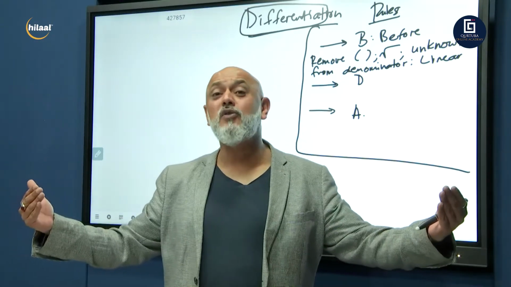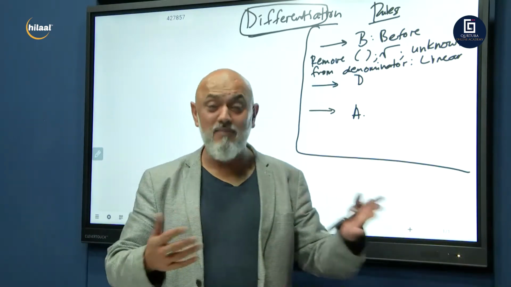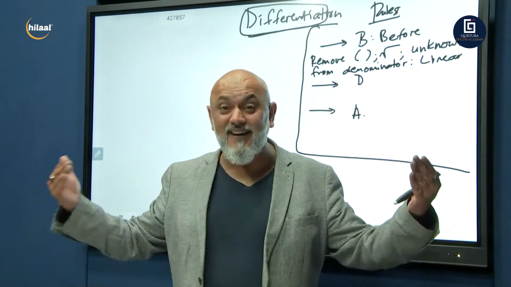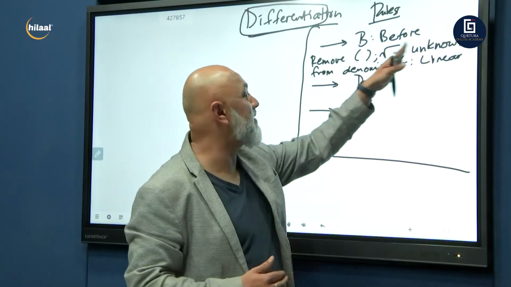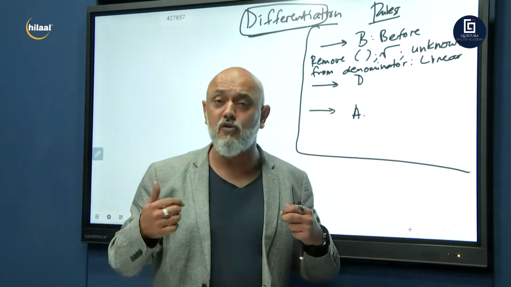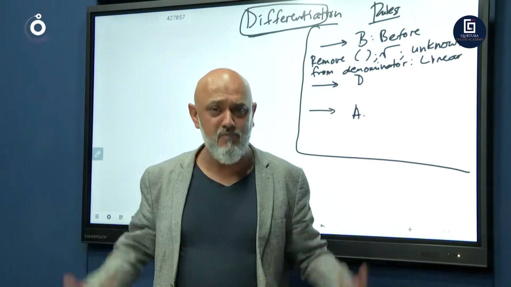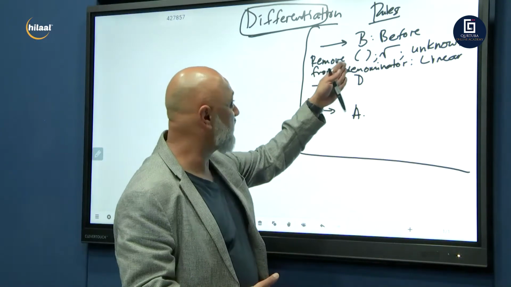Imagine you were about to assassinate 3 people, or 5 people. So what would you do? You put them in a straight line. So step number 1, the before. Before we assassinate them, we put them in a straight line. Now if they've got jackets, if they've got clothing, before you do the decapitation, you want to remove their clothes. You want them in their simplest form. So that's it. We remove the brackets.